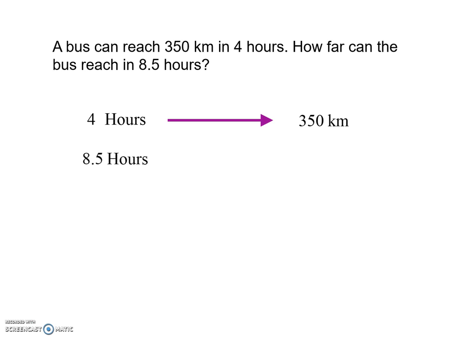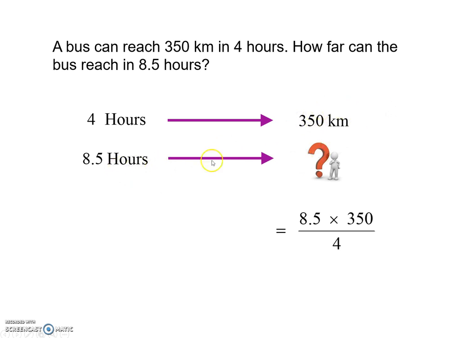What about 8.5 hours? Can we do the same method as what we did just now? Which is 8.5, you multiply. Remember, here you have to multiply. You multiply 8.5 with 350, and finally, you divide this by 4. So it will give you 743.75 kilometers.